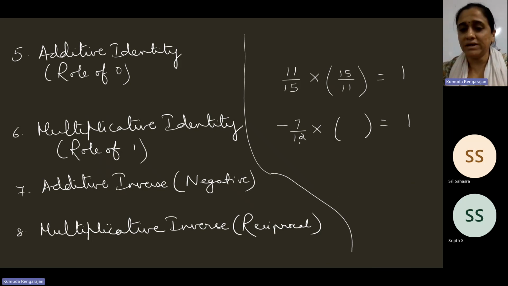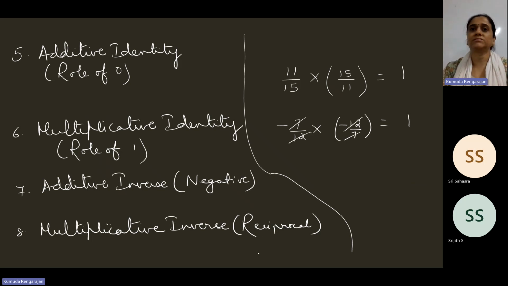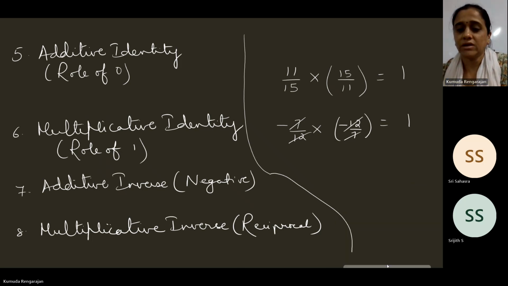So minus 7 by 12 multiplied by what will give the result as 1? Minus 12 by 7. Because minus into minus plus, 7 and 7 cancel, 12 cancels, minus into minus plus 1. Yes, you can cancel. Right?